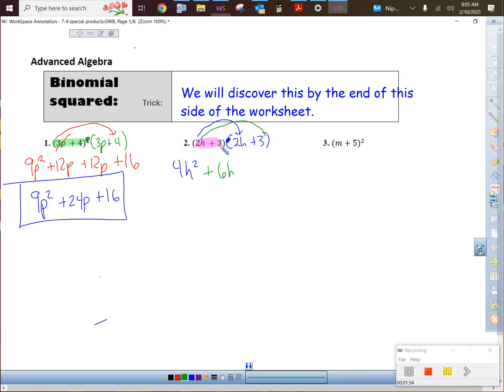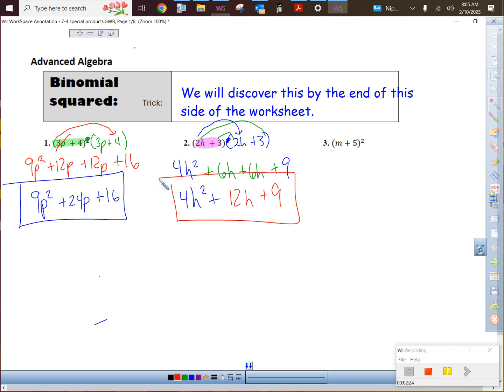Those are kind of called the outside guys. And we multiply the inside guys and get another 6h. And then we get the 3 times the 3 and get a 9. So 4h squared plus, how many h's were there, my friends? 12h's plus 9.